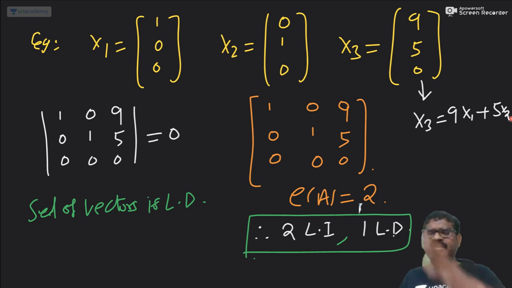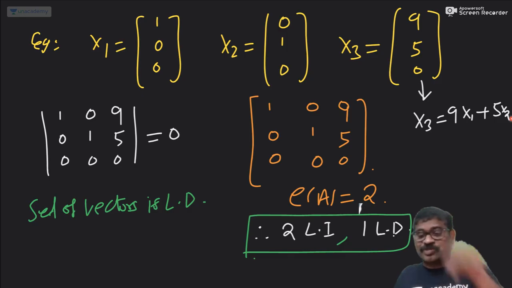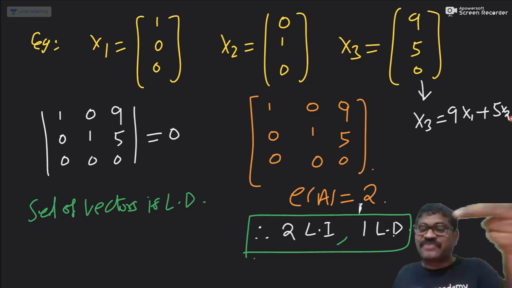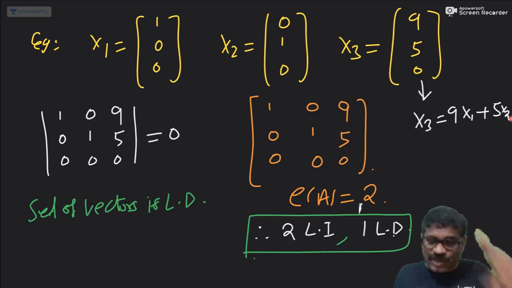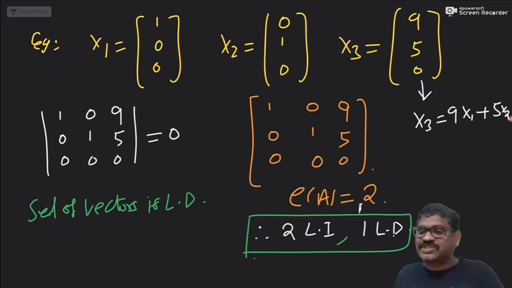Sir, x3 can be written as 9 times x1 plus 5 times x2. It is a linear combination, it can be written as alpha x1 plus beta x2. Therefore, x3 is dependent. You can't say it like that. Not only x3, x2 can be written as a combination of x1, x3, and x1 can be written as a combination of x2, x3.